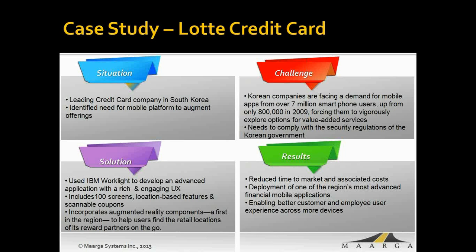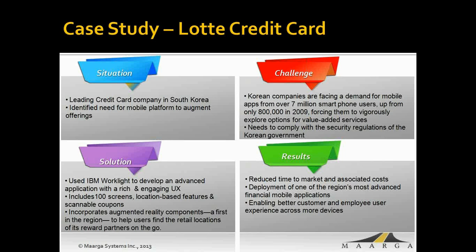There were only about 800,000 users in 2009, but by 2012, the number of users had mushroomed to 7 million. And this had forced the company to look at options for value-added services for using a mobile phone. Also, the other challenge was to develop mobile applications that would comply with security regulations mandated by the Korean government.